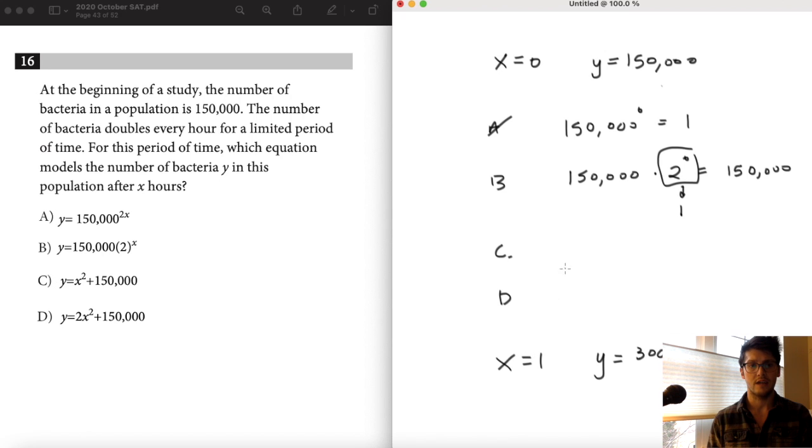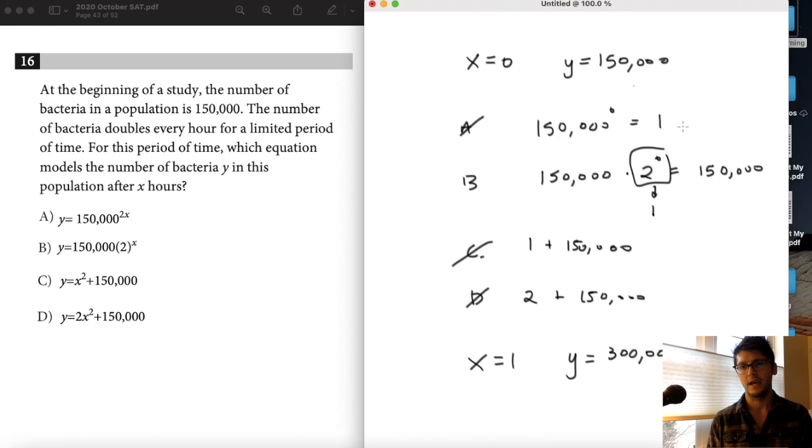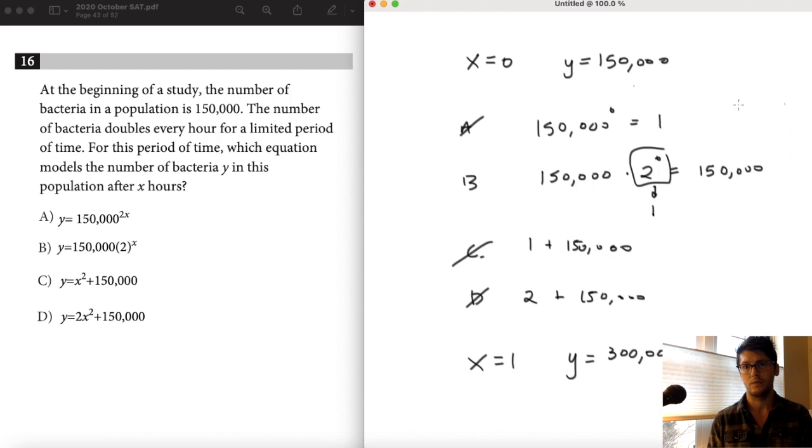If you have an x value of 1, C is just going to be 1 plus 150,000. And that's not 300,000. D is just going to be 2 times 1 squared, which is just 2, plus 150,000. That will not get you where you're trying to go. However, A is already out, and that's wrong again, even if you weren't sure on this one, because 150,000 raised to the power of 2 times 1, or just squared, is a huge number.